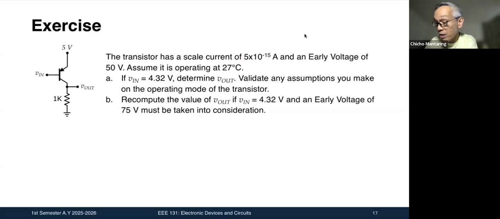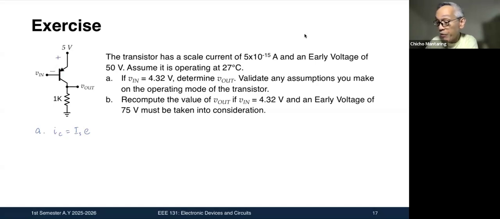So letter A, what is my equation? My equation is I sub C is equal to I sub S e to the, now remember, this is a PNP, so what will I sub C depend on?